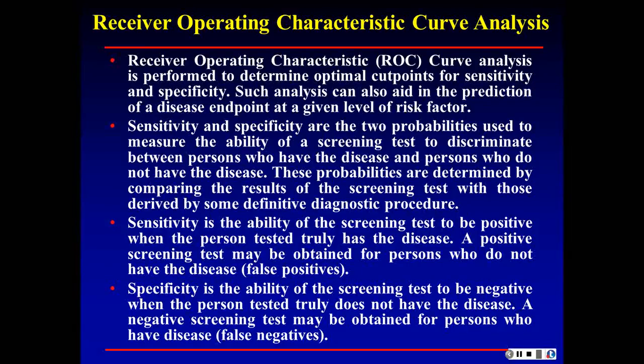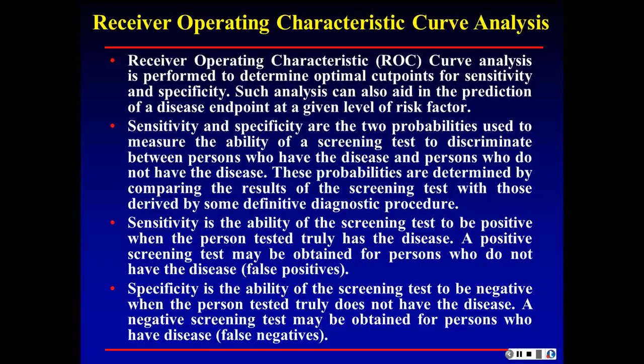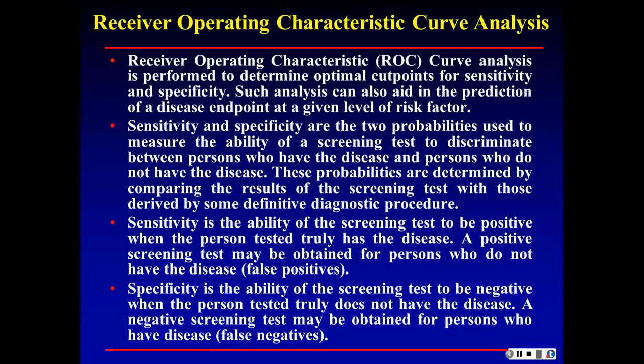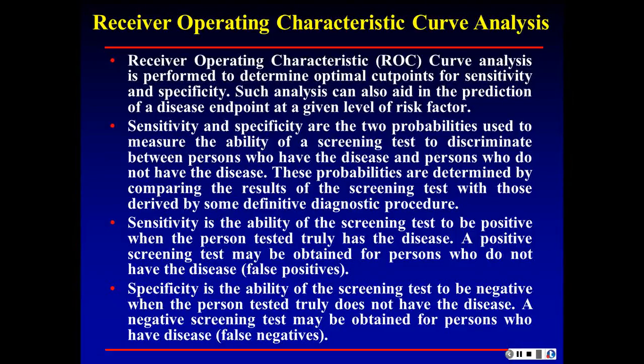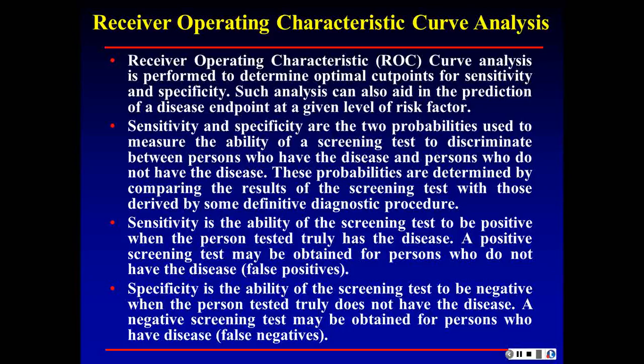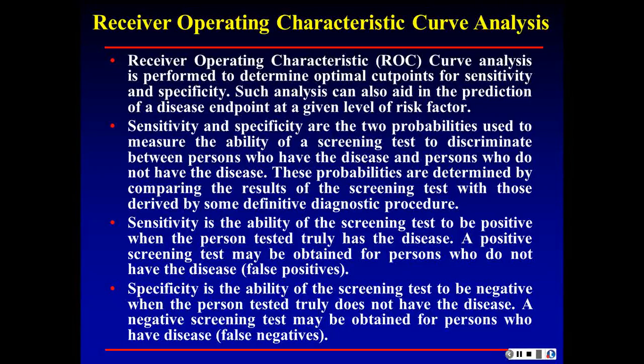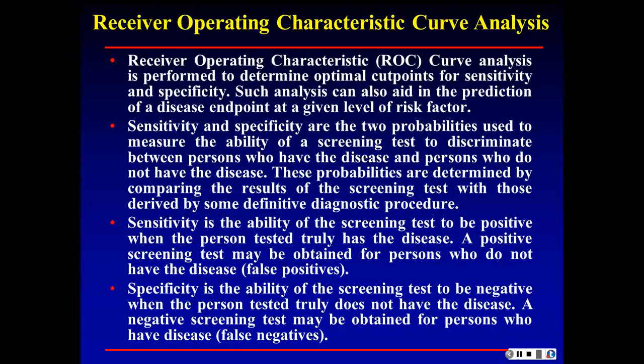These probabilities are determined by comparing the results of the screening test with those derived by some definitive diagnostic procedure. Sensitivity, again, for review, is the ability of the screening test to be positive when the person tested truly has the disease. A positive screening test, however, may be obtained for persons that do not have the disease. These persons are known as false positives.